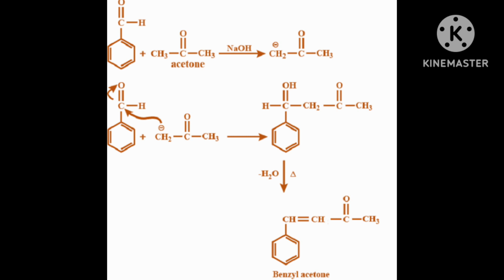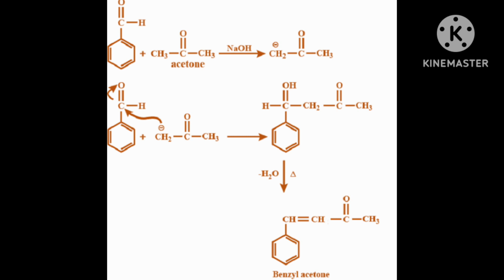CH3CHO has 2 carbon, and here 3 carbon in propanaldehyde. Total 5 carbons, 2 oxygens, and 4 plus 3, 7, 9, 10 hydrogens. Then it will give the same type of product, meaning a double bond. CH3CH double bond CHO, in a simple way.